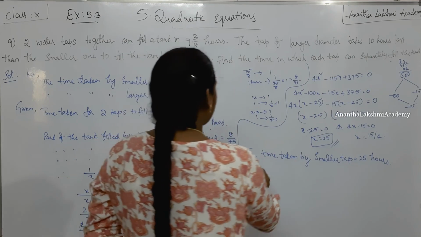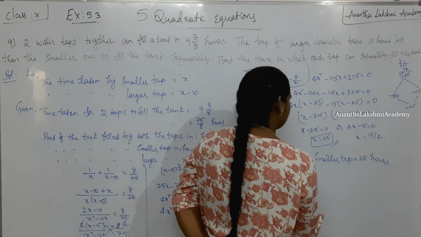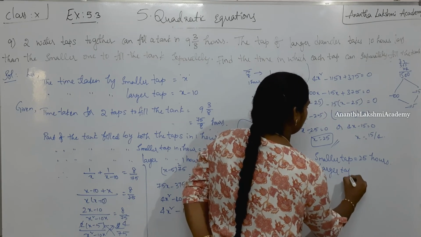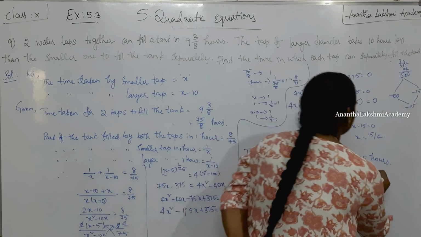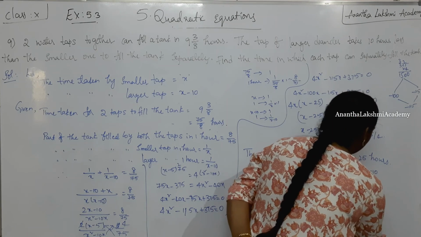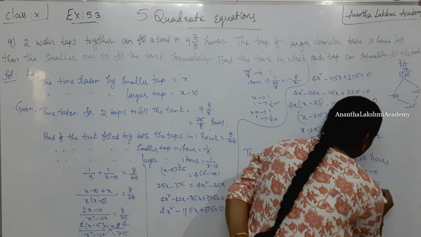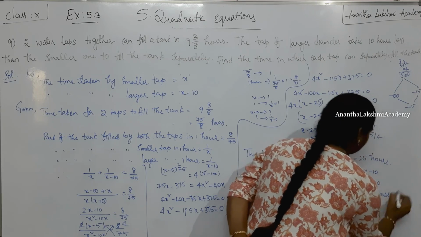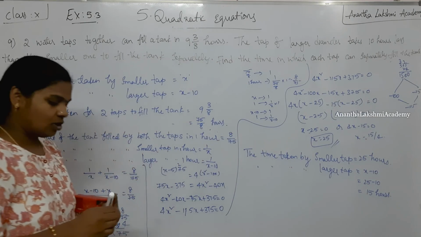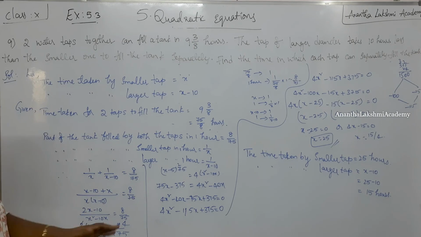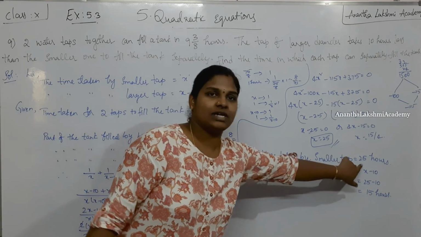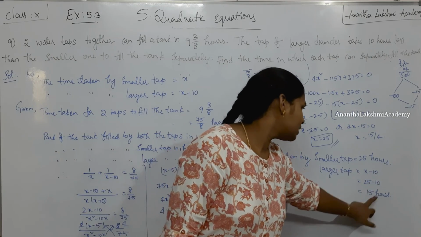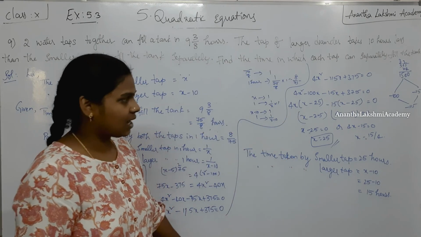Alright, so the time taken by the larger tap is nothing but x minus 10, no? x is 25, minus 10 is 15 hours. So the time taken by the smaller tap is 25 hours, and the time taken by the larger tap is 25 minus 10, which is 15 hours.